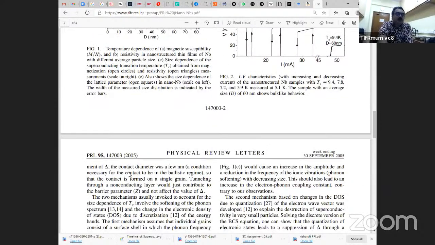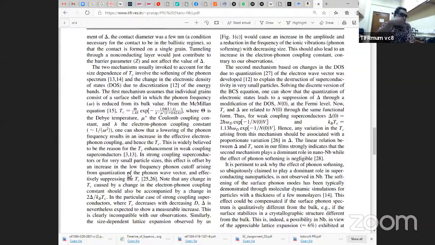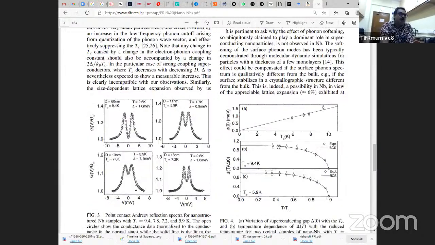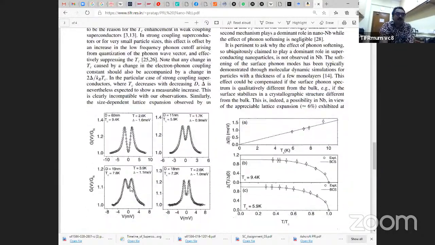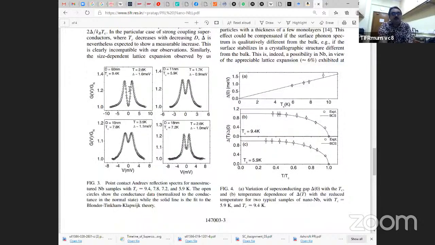So there are many other things that you can do. You can measure the superconducting energy gap. By the way, this is another example where we had used Andreev reflection spectroscopy instead of tunneling spectroscopy to measure the superconducting energy gap of these small niobium particles.